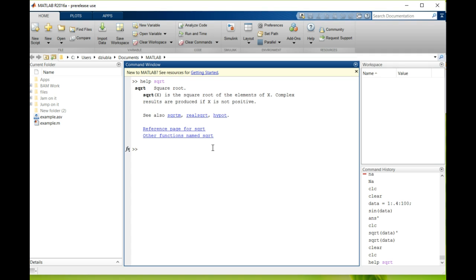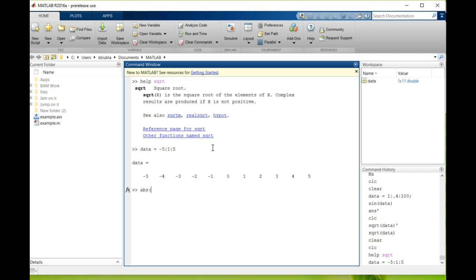But importantly, the other elementary math functions that exist, you can take the absolute value. So let's say I said data equals -5, 1, 5, and we get these nice uniform values.